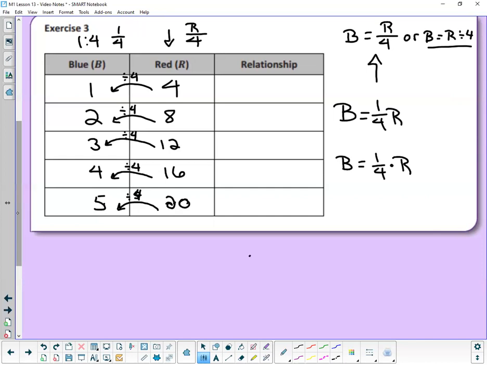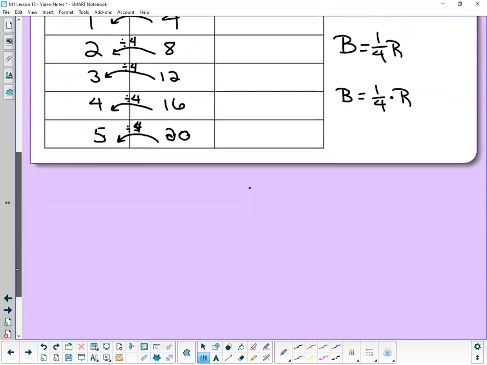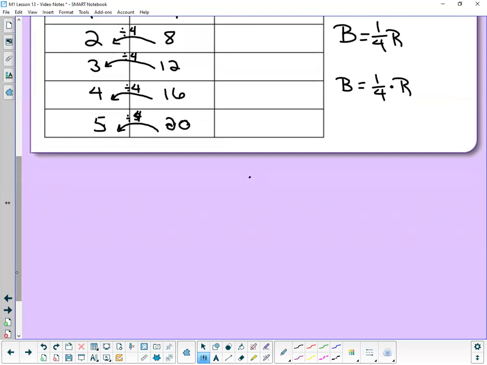Same thing that I wrote above, except I put in a multiplication dot. I don't typically want you to use it if we don't have to, but in this case, I'm going to, because I can do this. Now I'm going to make R a fraction. How are you going to make R a fraction? It's a whole number. You can take any whole number and make it a fraction by putting it over 1.